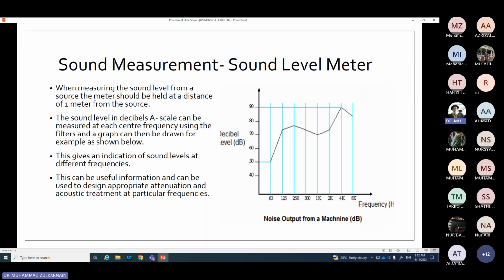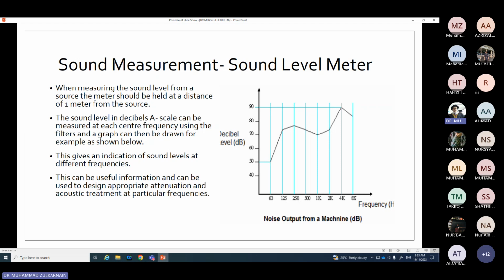The sound level in decibel A scale can be measured at each center frequency using a filter, and a graph can then be drawn, for example as shown below. This is the example. The level in decibel A means the level for human hearing.